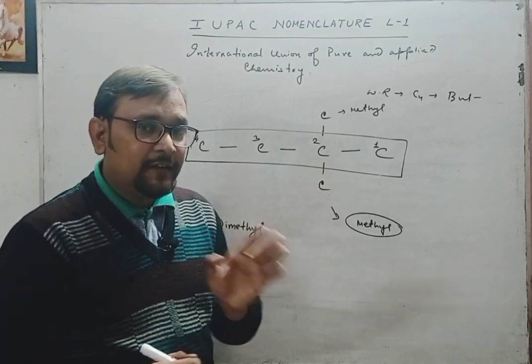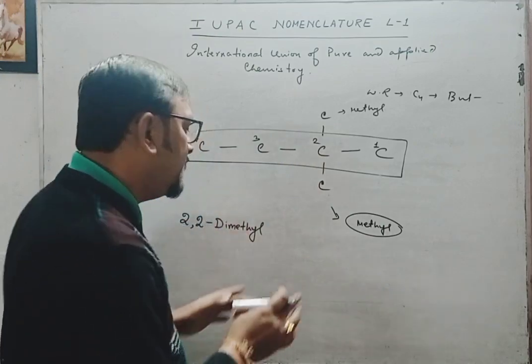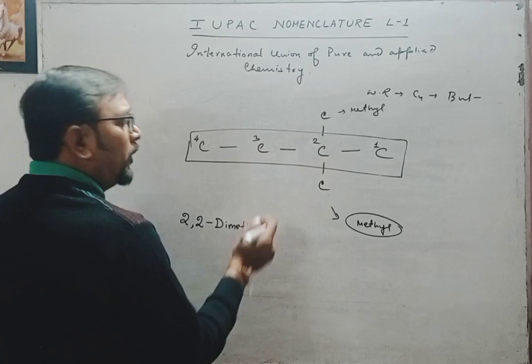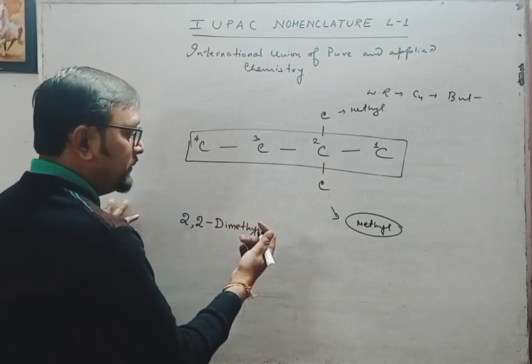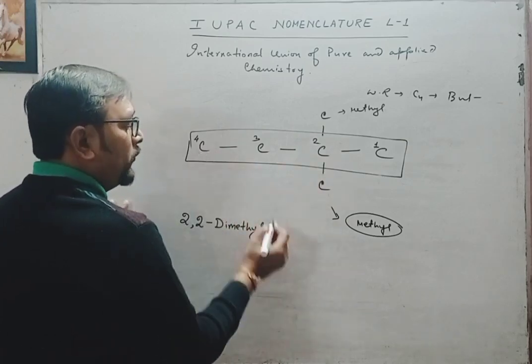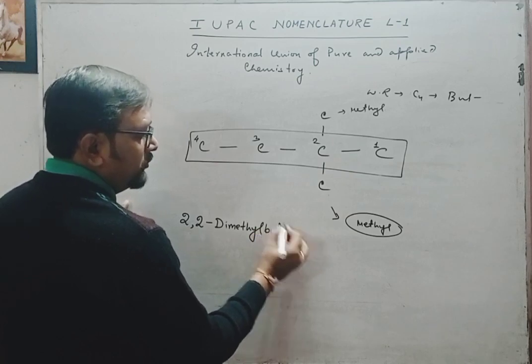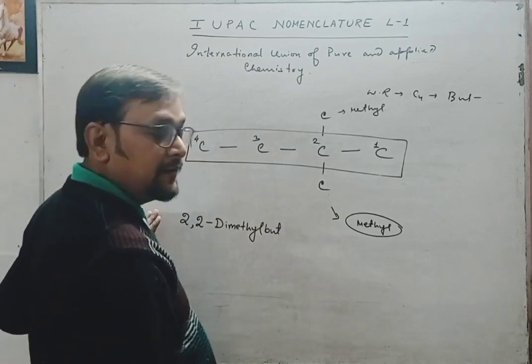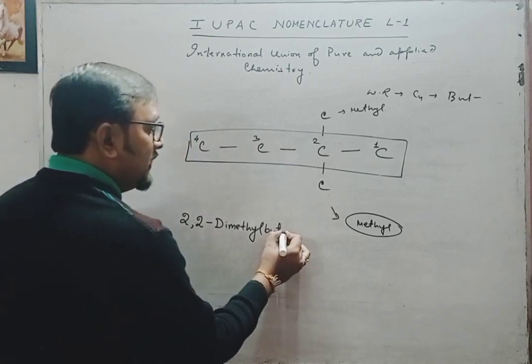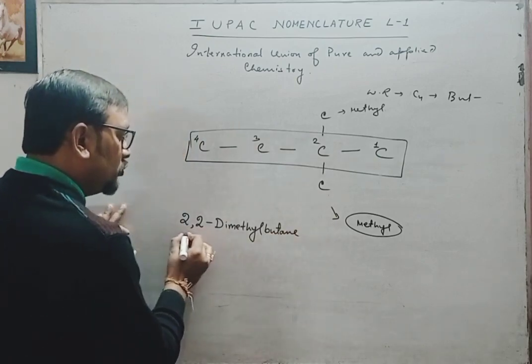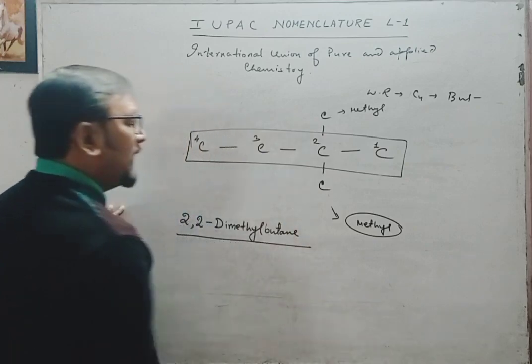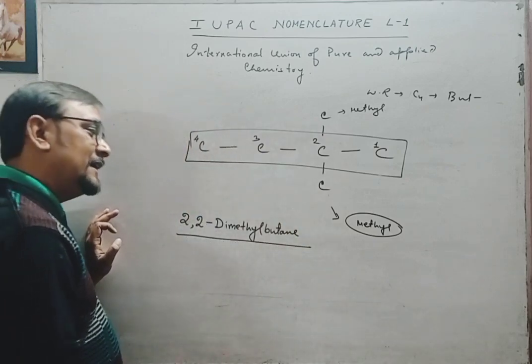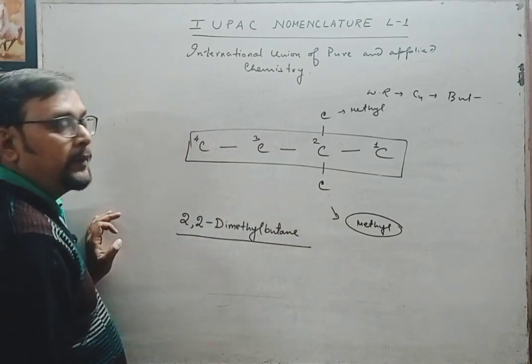Any more substituent? No more substituent is there. So finally, what will we write? We will write the word root. So what is the word root? 4. So but. Now what is the suffix? Suffix we always write at the end. So what is the suffix here? ane. So 2, 2 dimethyl butane is the name of this compound.